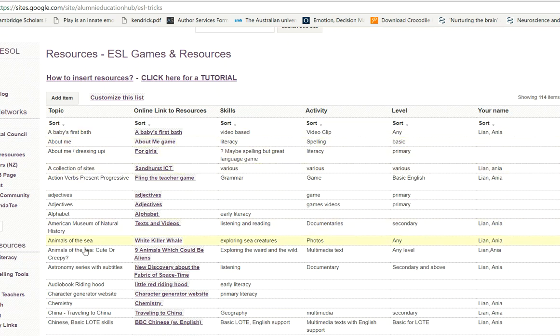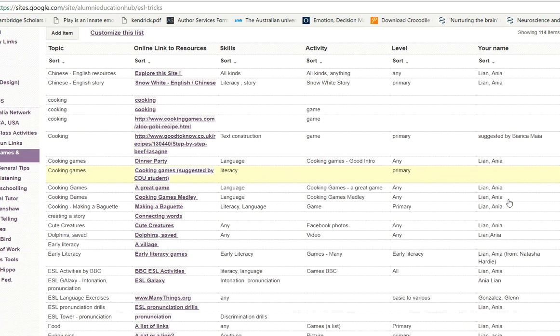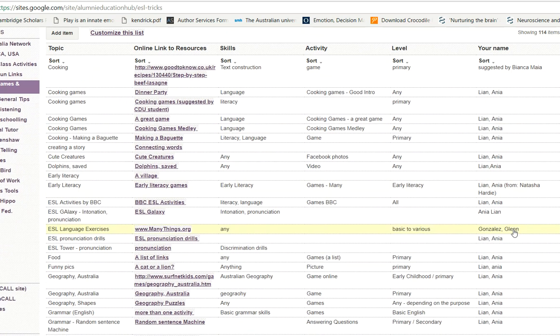The topic of game. Then this is the description of the game or whatever. Then skills I wrote here, activity, spelling, various games, game videos, multimedia text, level for what kind of children, and the person who actually found the game, because sometimes I found the game, but sometimes actually my ELA 200 or other students, postgraduate students, were finding games.